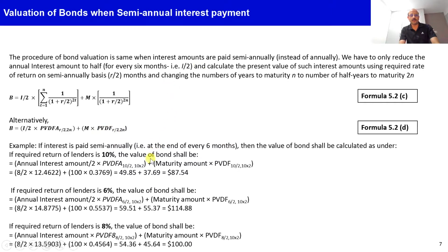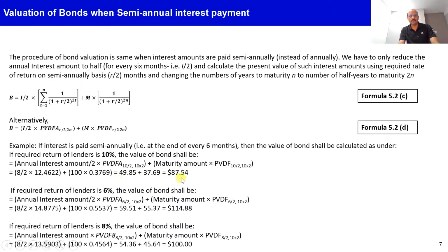So taking the same example here, if the discounting rate is 10%, but the interest is payable semi-annually, the interest amount becomes 8 by 2, which is $4 every 6 months, and the R by 2 PVDFA factor becomes 12.4622, and the PVDF factor for the maturity amount becomes 0.3769 for 5% interest rate with 20 times discounting.